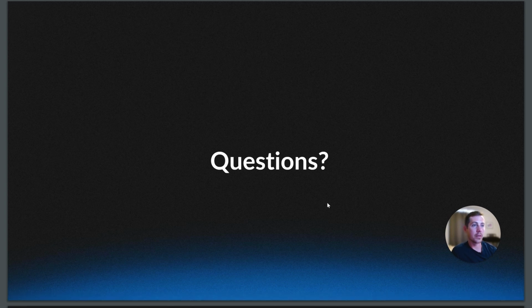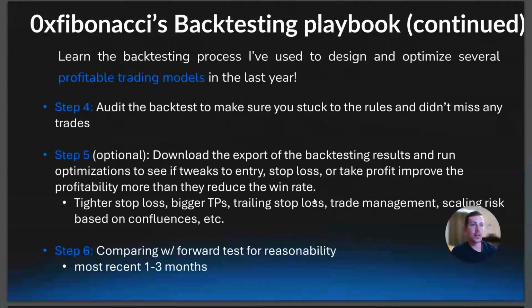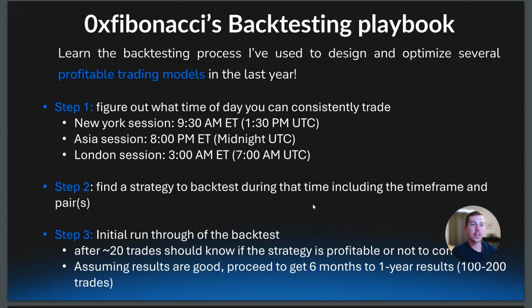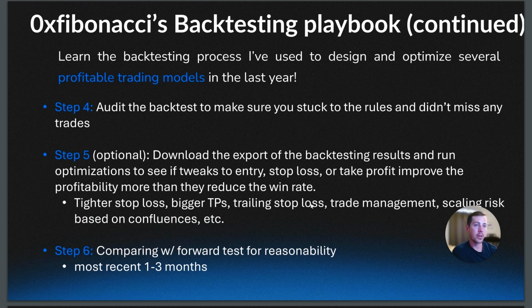Just to review, we talked about the key steps for properly going through a backtest: figuring out when you're going to trade, what you're going to trade, doing an initial run through, auditing it, optimizing it, and checking with a forward test.